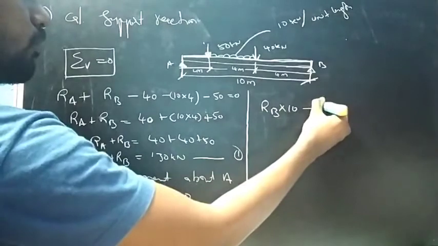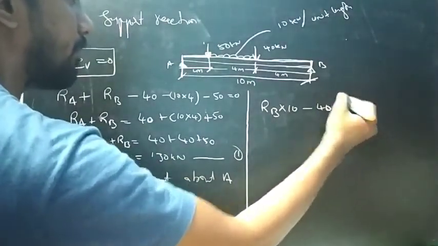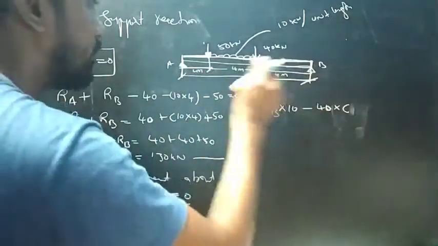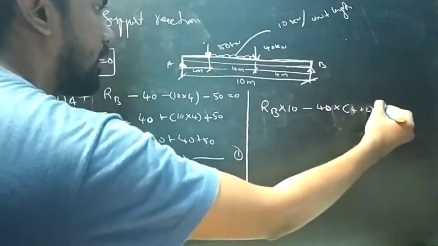minus 40 into, so what is the perpendicular distance? That is 4 plus 2, right?